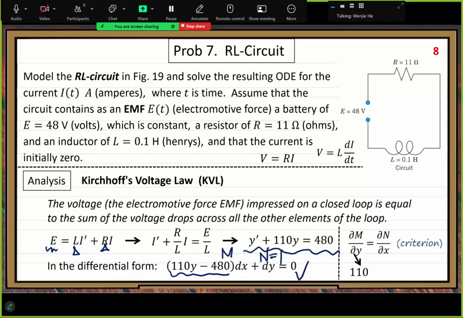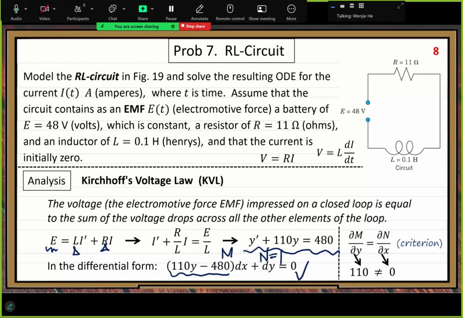But partial N over partial x, N is 1, the partial derivative, that's 0. Okay? So these two numbers are different. That means this differential equation is not exact.